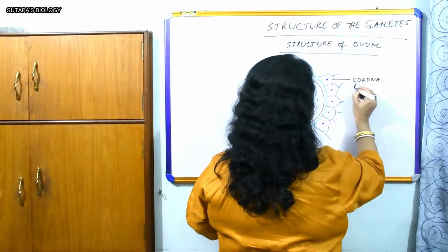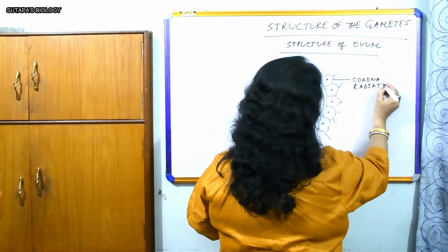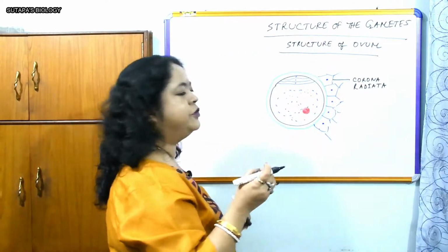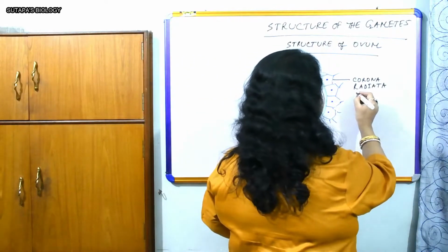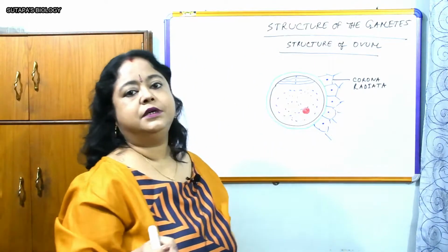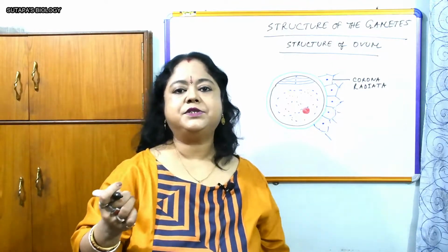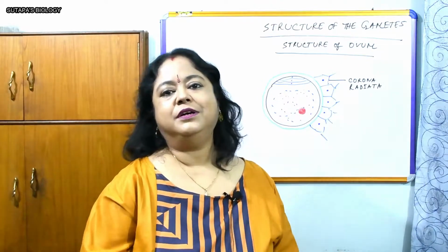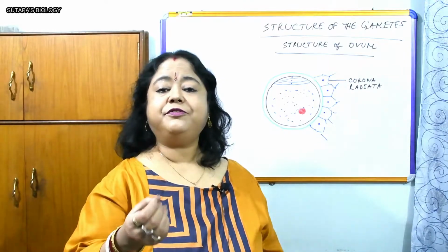So the fertilizing sperm has to first cross this wall. The first hurdle is crossing the corona radiata. Actually, during fertilization the sperm has many challenges, as it has to compete with millions of other sperms. For a single ovum, millions of sperms compete with each other. So it's a very tough competition.